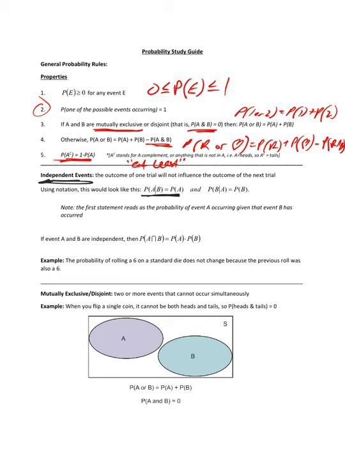So, the probability of A given B, does that equal the probability of A? A and B, of course, represent events. For instance, the probability of getting a heads, given that you just got a heads, equals the probability of getting a heads, because flipping a coin from one trial to the next is independent. Or the probability of rolling a 6, given that you just rolled a 6, is the same as the probability of rolling a 6 because they're independent.